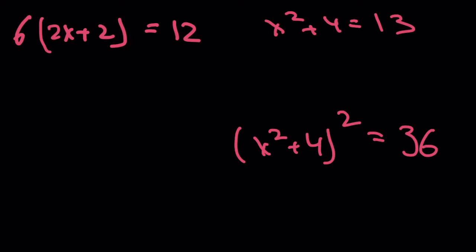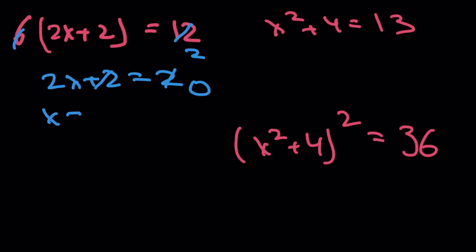So we divide by 6 at first, and that just gets us 2, and then we have 2x plus 2 equals 2, and then from there we just follow simple undoing like we did in previous problems. So we subtract 2 from both sides and we get 0, and then divide by 2, and then x equals 0.